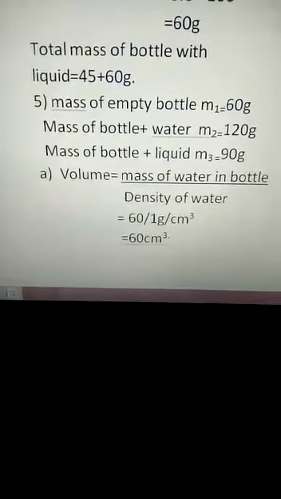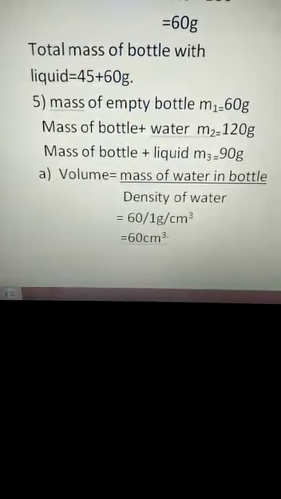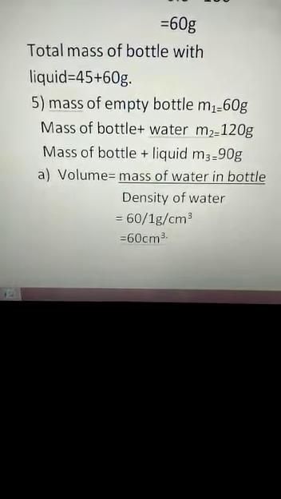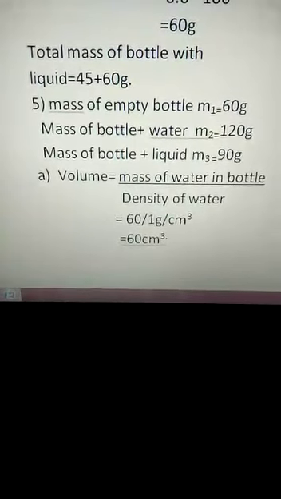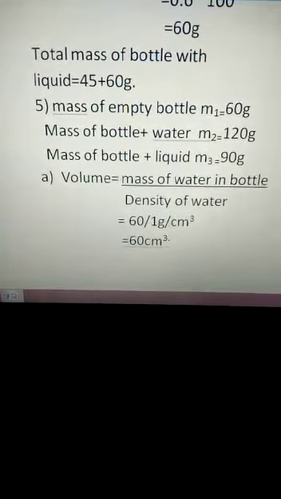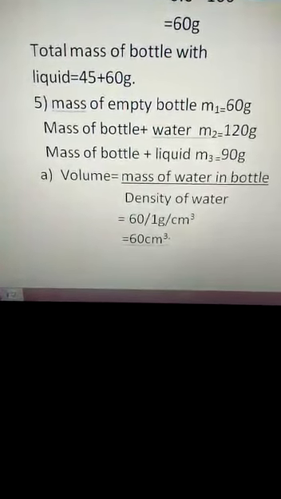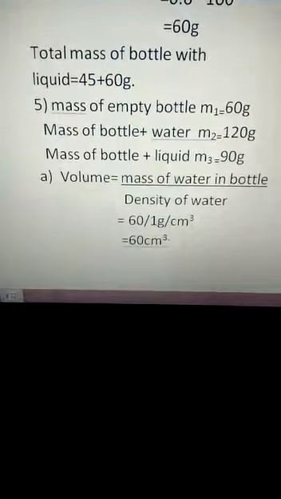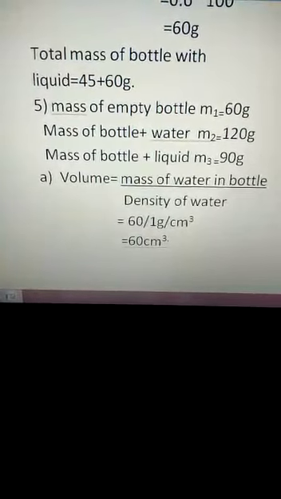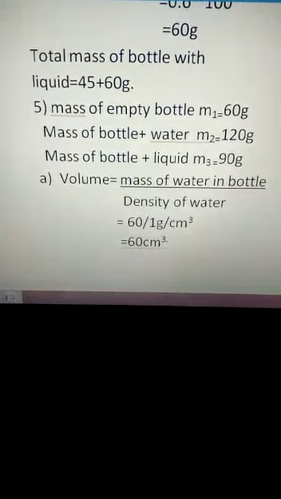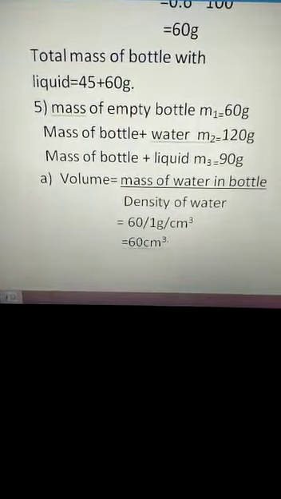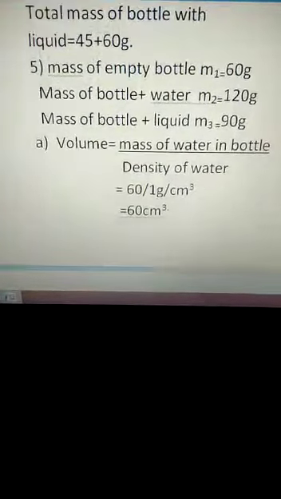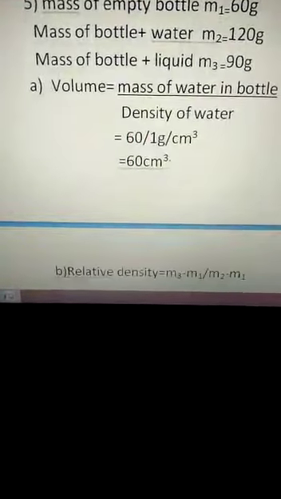The mass of the water it can contain is 120 minus 60, since the bottle with water is 120 and the empty bottle is 60. So the mass of the water inside the bottle is 60, and the density of water is 1 gram per centimeter cube. So the volume will be 60 centimeter cube.